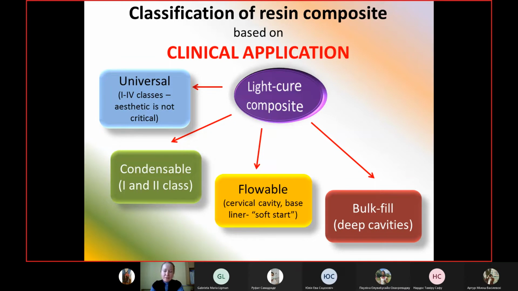Actually, manufacturers state that polymerization shrinkage of bulk fill composites is similar to that of universal or condensable light curing composite materials, despite bulk fill composites being used in thicker layers, 4-5 millimeters, while light curing condensable or universal are used in incremental layers of not more than 2 millimeters, a very thin layer, to reduce polymerization shrinkage a little bit.